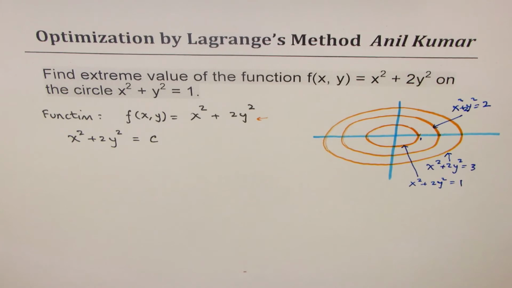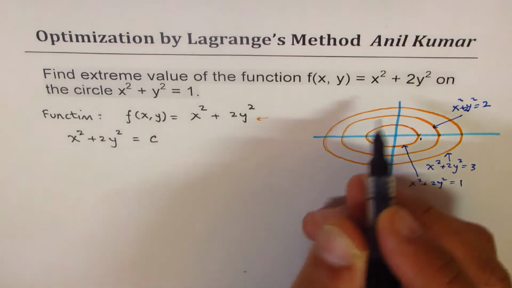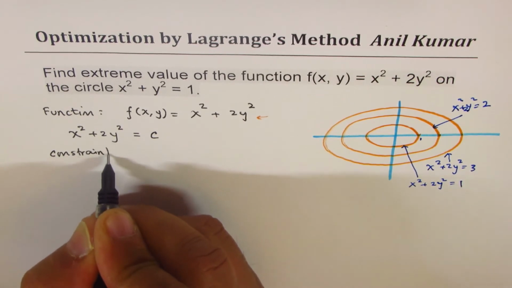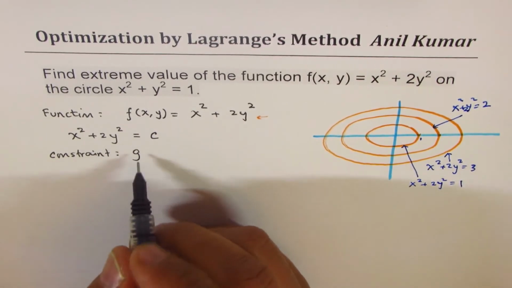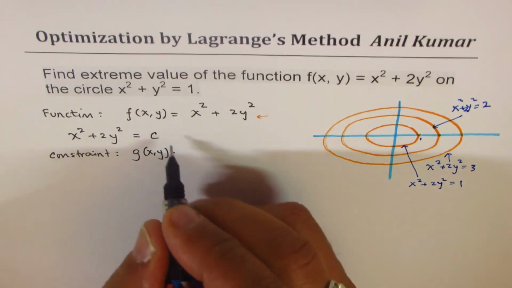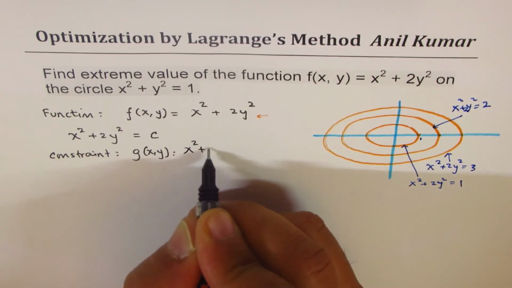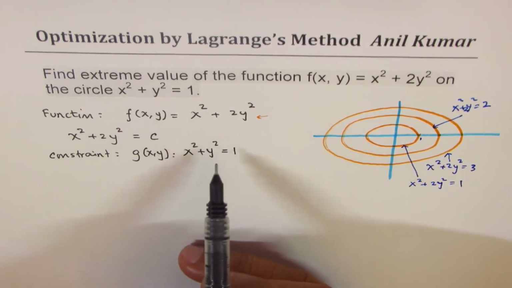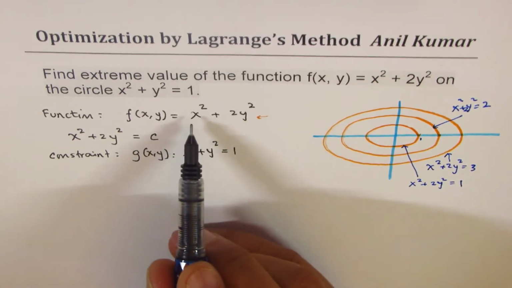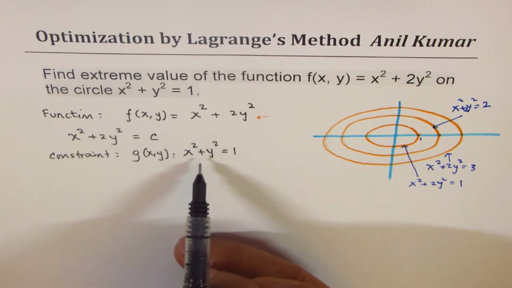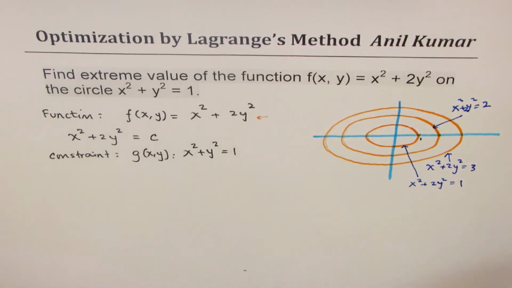Now what we have here is a constraint. So what is the constraint for us? Let's write down. The constraint, which we normally write with g, so g(x, y) is x squared plus y squared equals 1, correct? That means we are interested in all the points of the function which take these x, y values, correct? Now this is a circle, correct?